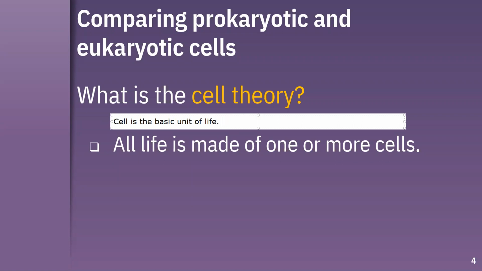So organisms can be unicellular or multicellular. So a unicellular organism would be like a bacterial cell, right? So living organisms do not have to have many cells. They can be just one cell.